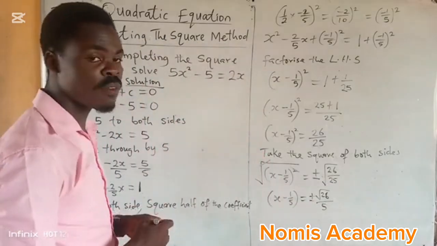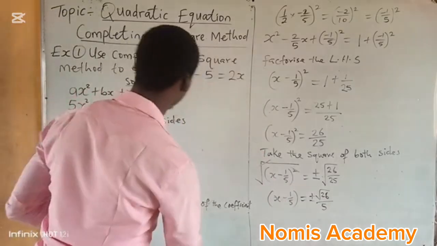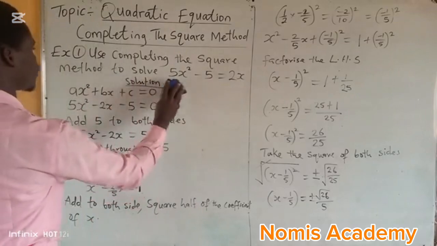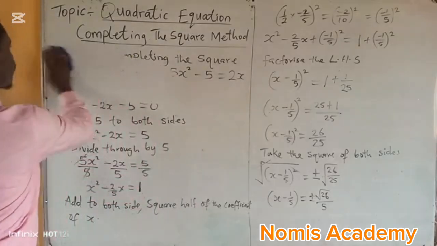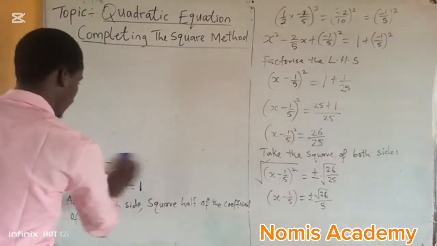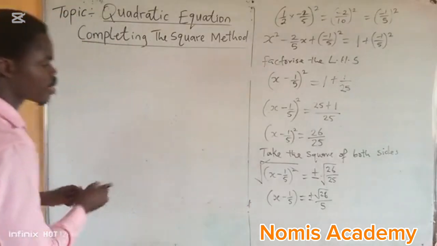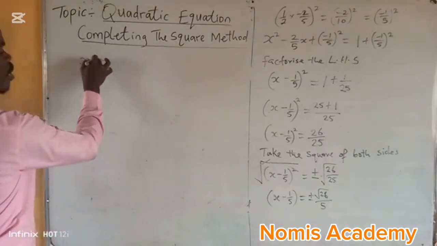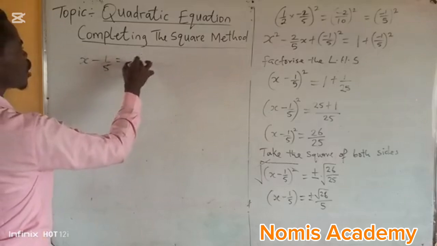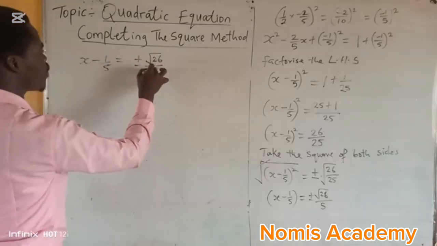Then we need to clear up the brackets and then solve the right hand side. So let me clean this side to continue the solution. Alright, we have x minus 1 over 5 equal to plus or minus root 26 divided by 5.